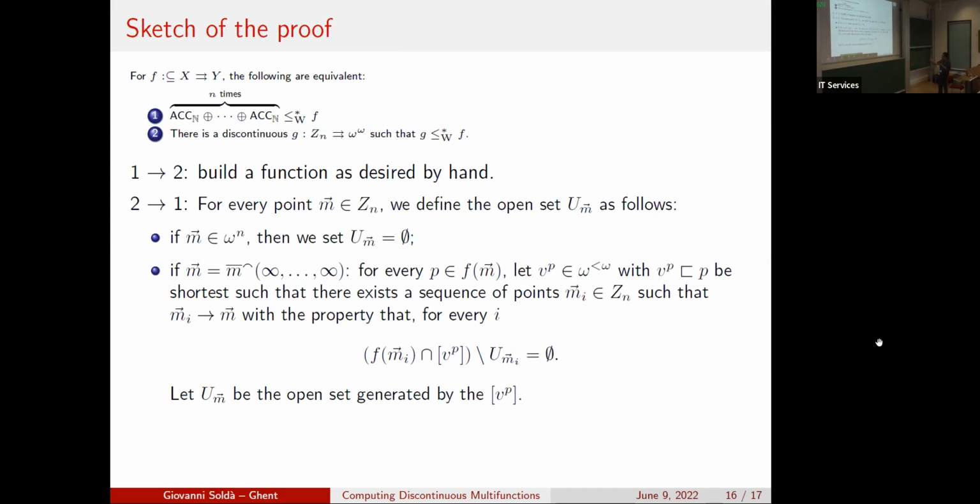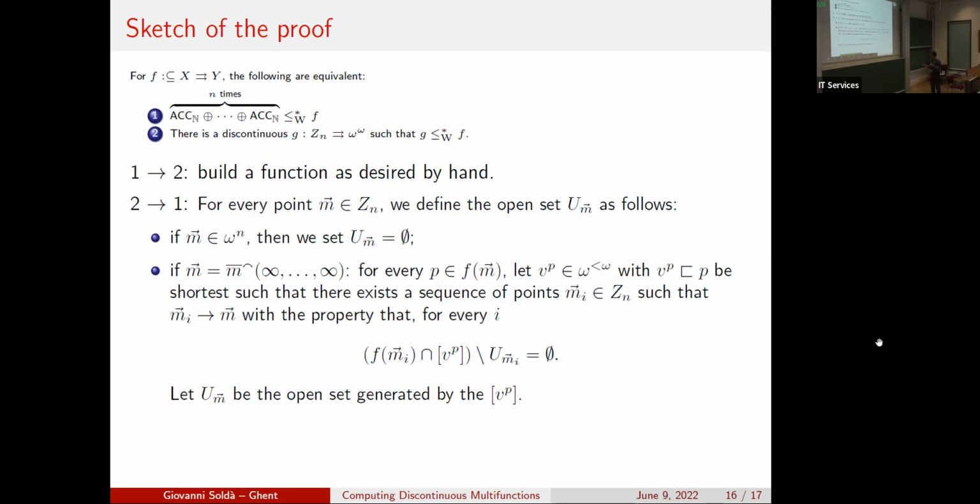It is perhaps more interesting to see what's going on for the other direction: to show that if you compute anything like this, then you're actually able to compute the sum of n ACCNs. Okay, and what is going on here? In a certain sense, what we have to come up with is, again, an alternative characterization. So we have to be more precise about where a function is discontinuous.